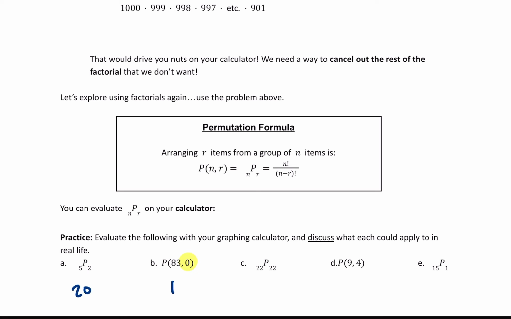But if you also put 22 factorial in your calculator, you'll get the exact same number. So a factorial is really a permutation where you have 22 things and you're choosing 22 of them. So if we have the same number right here, it's really just 22 factorial. Either way, you'll get the correct answer, but if you want a little shortcut, that's one way you can tell. Okay, now if we put 9 nPr 4, we'll get 3,024 as our answer.